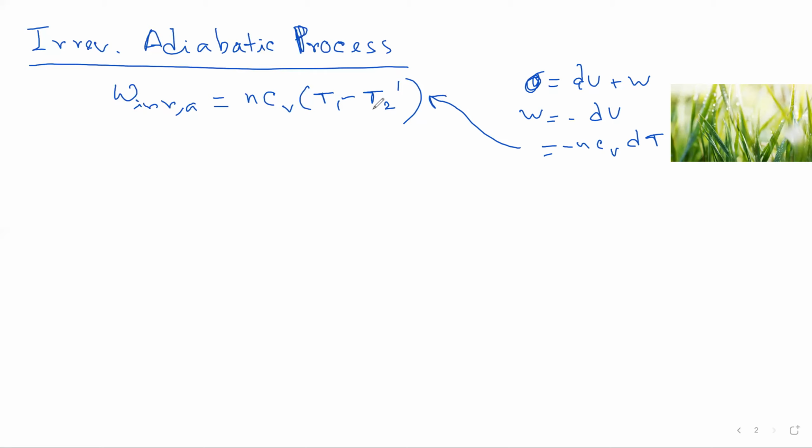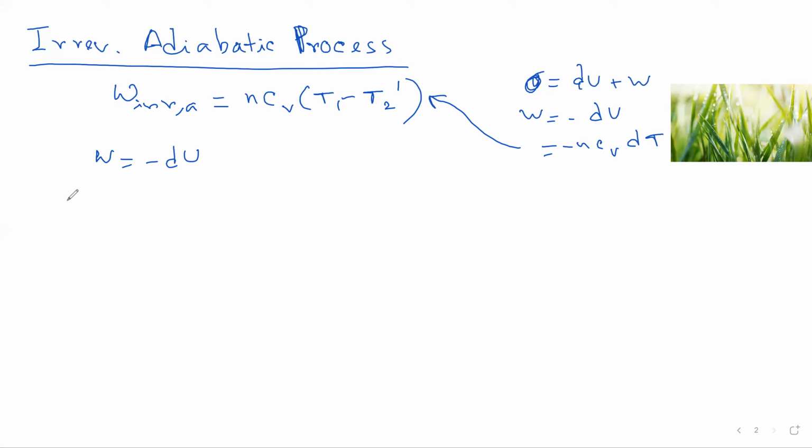Now I will derive the expression for T2 prime, the final temperature. Let's start from the first law. W equals minus dU for an irreversible adiabatic process, because Q equals 0.